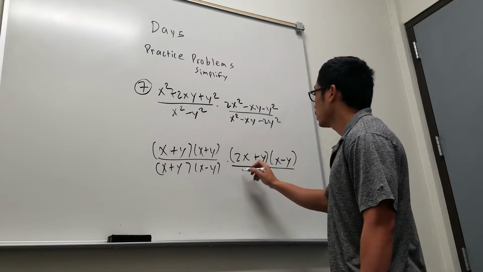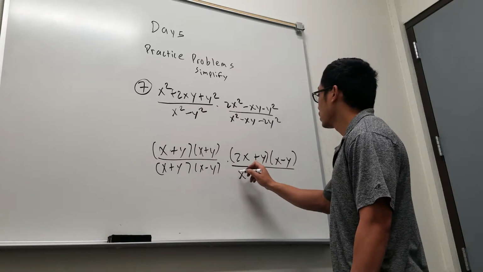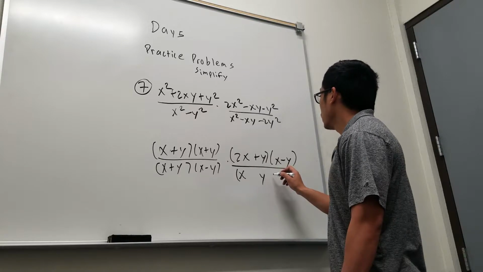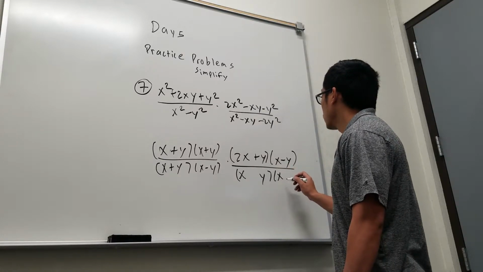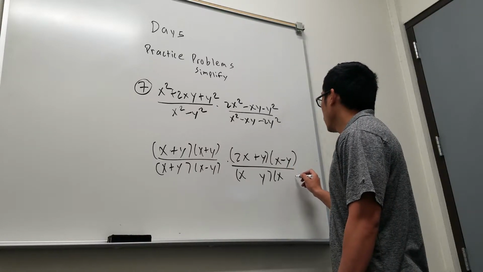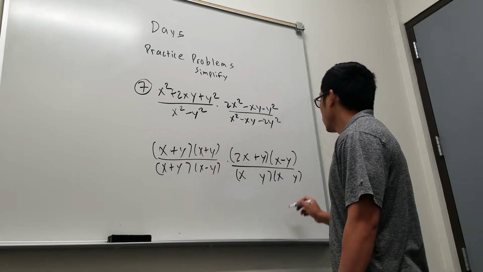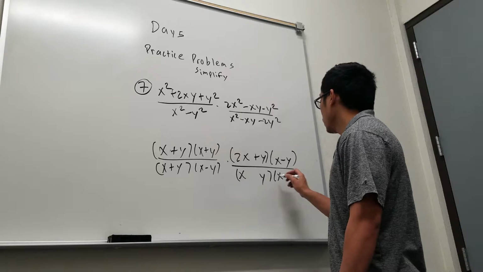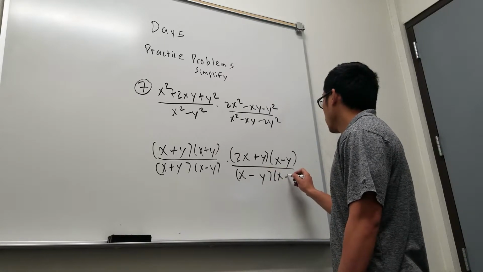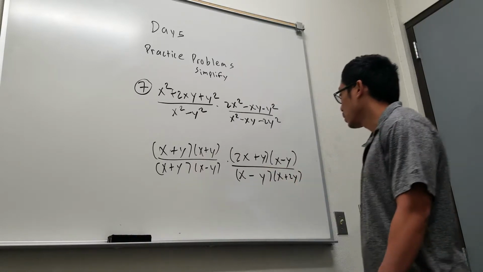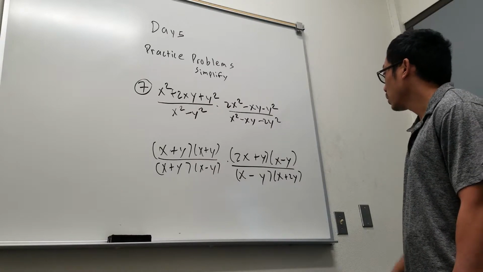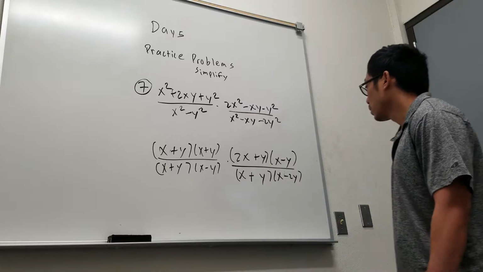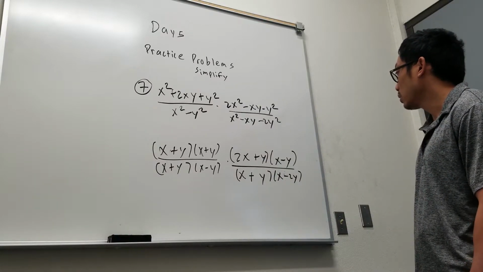Then you have this one, x and y, then x and y. So in this case 2. So this would be minus 2y plus 2. So yep, there it is.